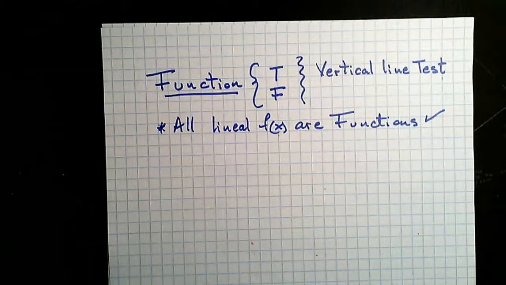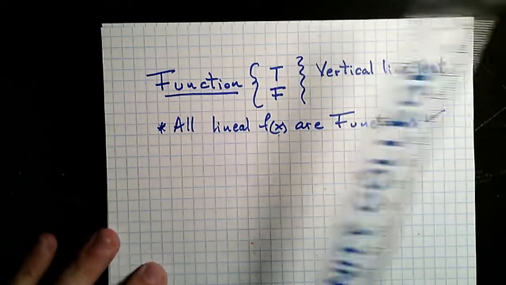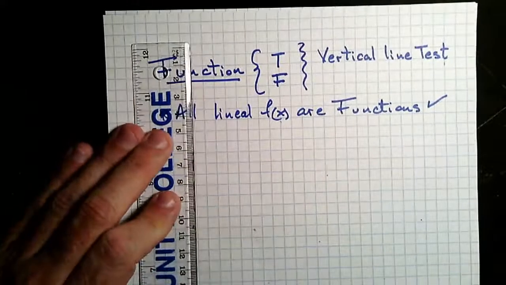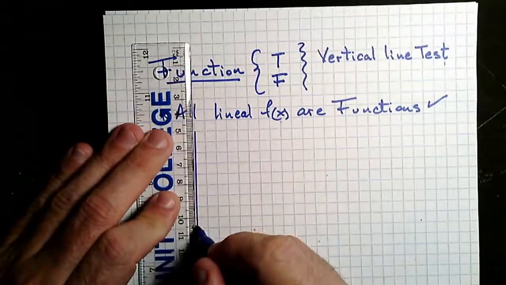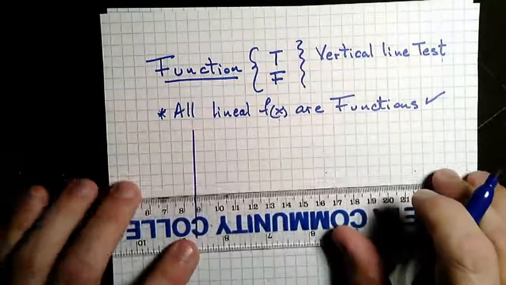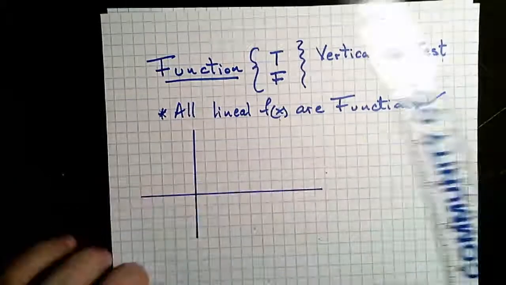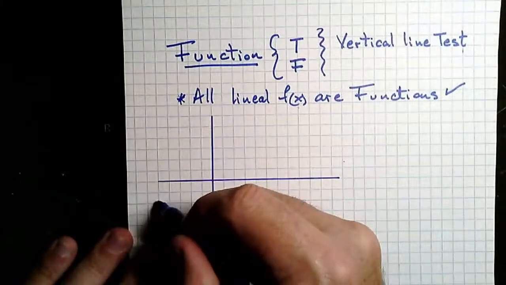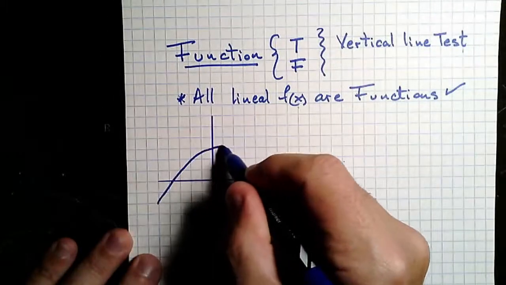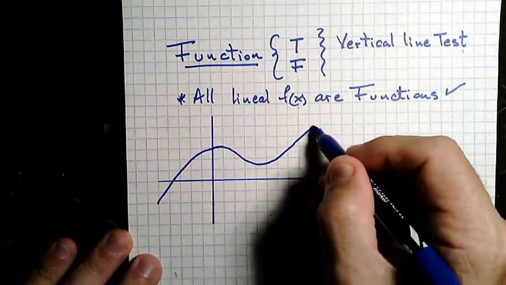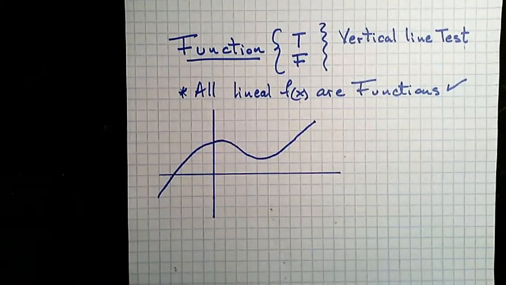So what happens now if I have something like this, a curve going like this? Well, I have to pass using my vertical line test.